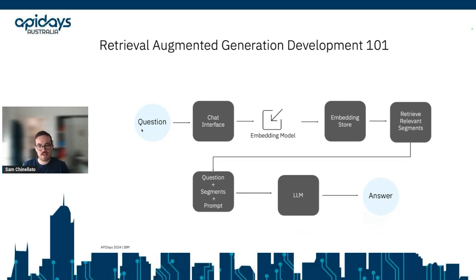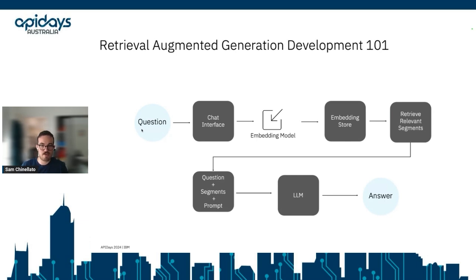Once we've done that, we feed the question from our user, the segments that have been fetched from our embedding model, as well as a prompt for our GenAI model, to our large language model. You might have heard of ChatGPT, for example.